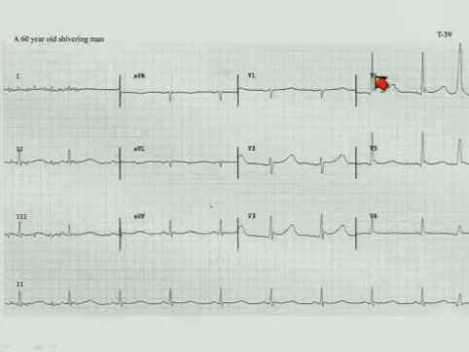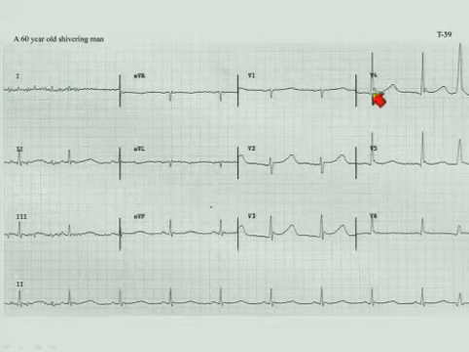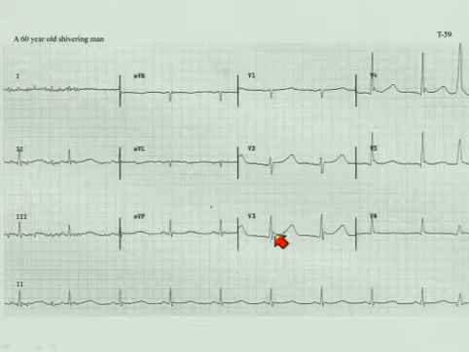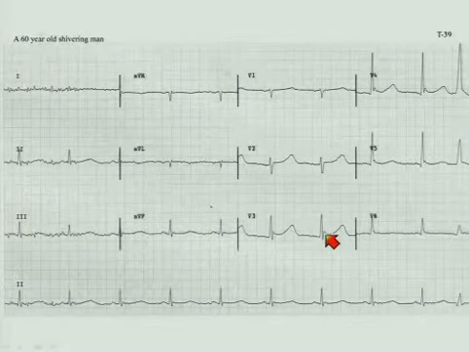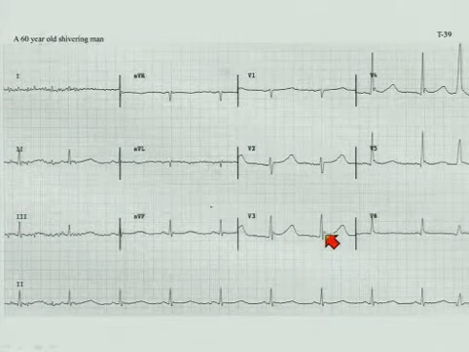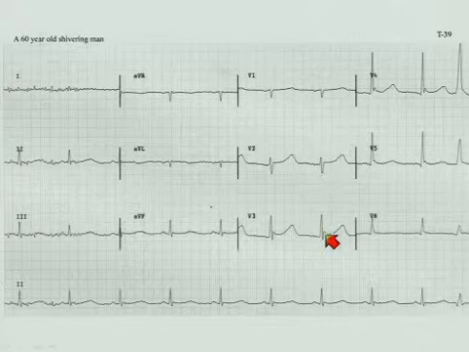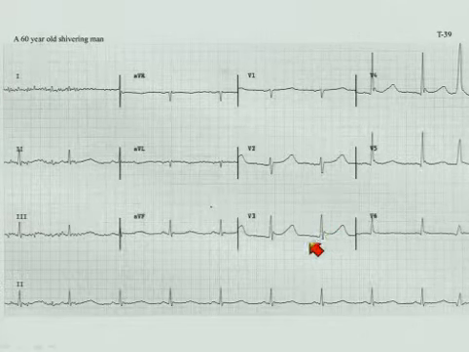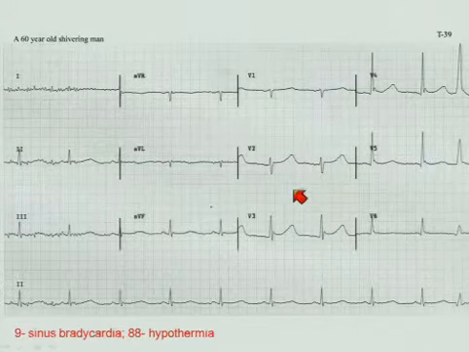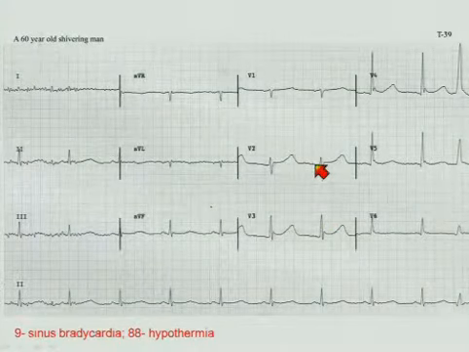So J-point elevation and this notch that you see here, and there can be a considerable amount of ST elevation with it after that: Osborne waves of hypothermia. The only place I see Osborne waves anymore are in some of the post-pump patients and the hypothermia protocols after cardiac arrest. So this would be sinus bradycardia and hypothermia.